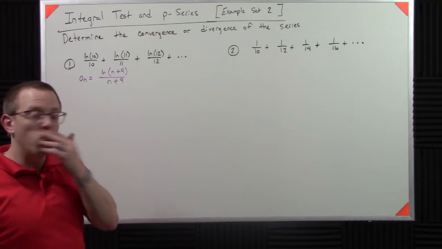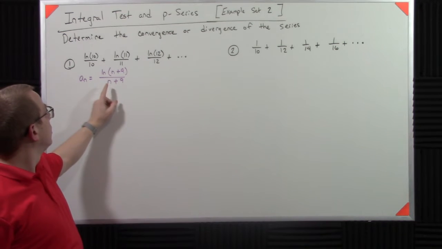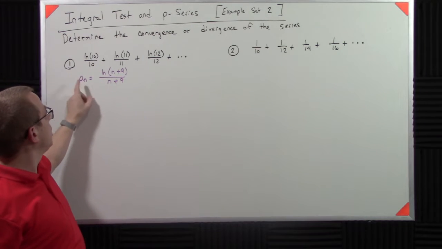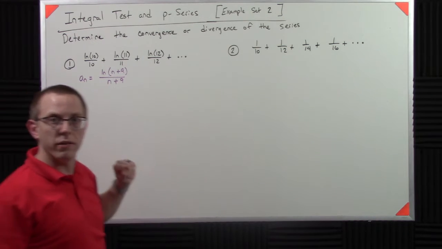So if I start this at 1, I get 1 plus 9, so that's 10. So A1 is natural log 10 over 10, A2 is natural log 11 over 11, and so on and so forth.